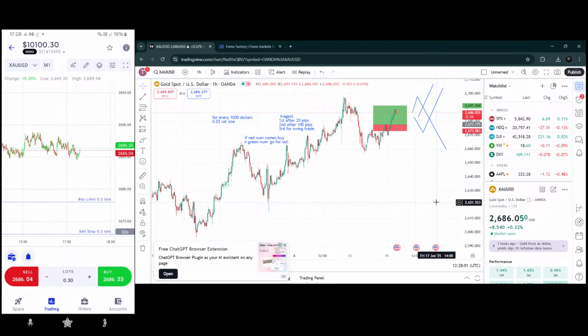And you also have to see the news, like geopolitical, like the whole world. If there is any war going on, then market will move in one way, the upside.